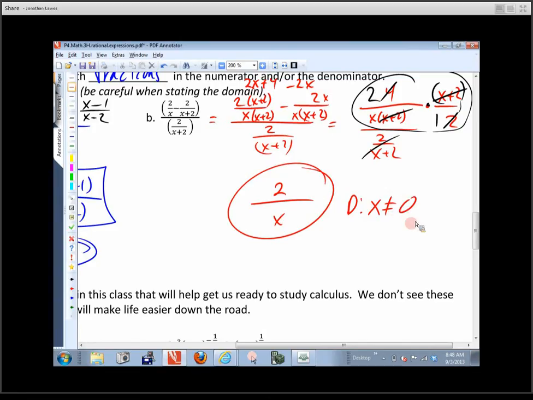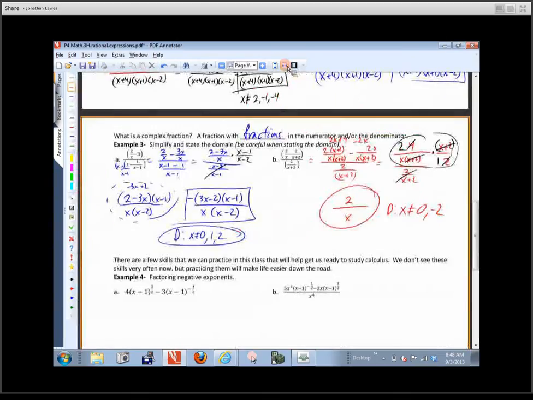Definitely need to throw out a 0. And what else? A negative 2. If we look back at the original problem, 0 here, negative 2 here. Nothing in the work would suggest otherwise. And when you look at the final answer, you also can't plug in a 0. So those are the 2 numbers that are not in the domain. Are there any questions?